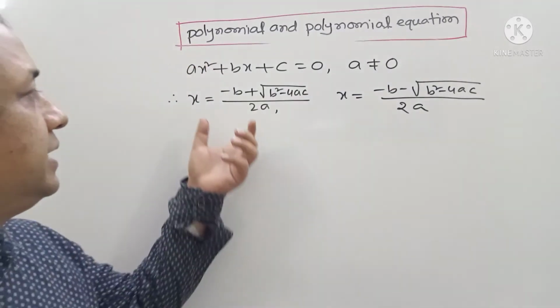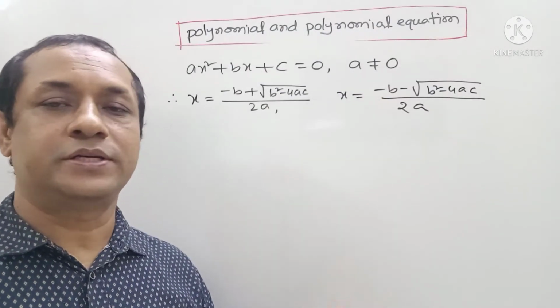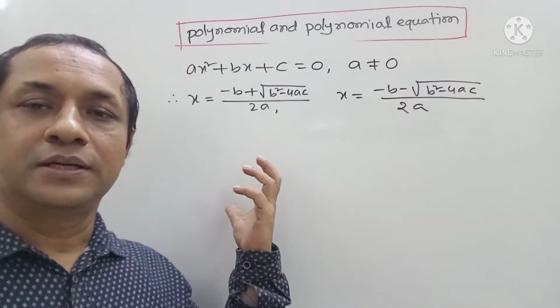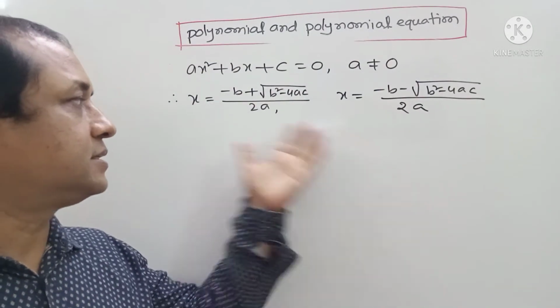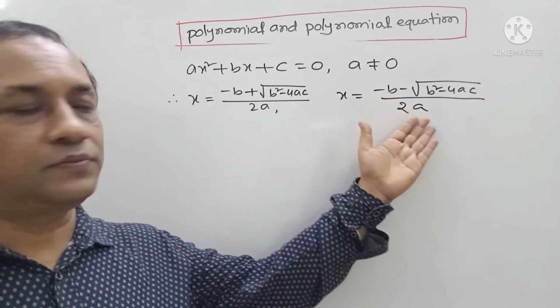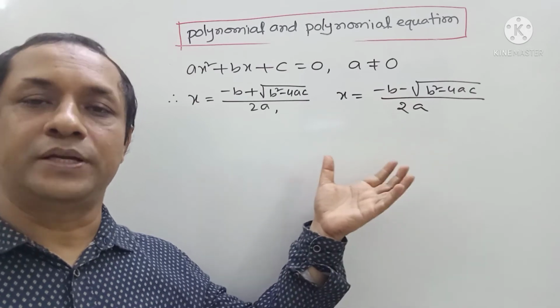Student, here ax square plus bx plus c equals 0 is a quadratic equation, and here a not equal to 0. We know the two values of x: minus b plus root over b square minus 4ac by 2a, and the other value minus b minus root over b square minus 4ac by 2a.